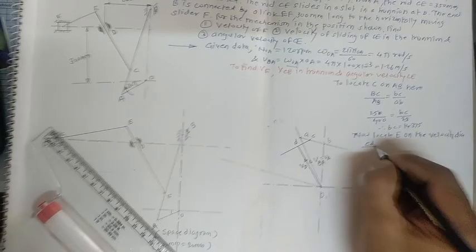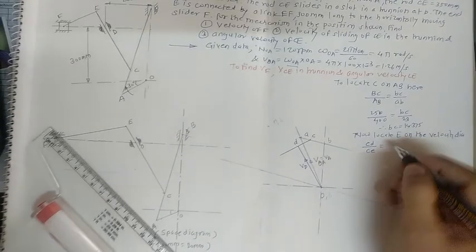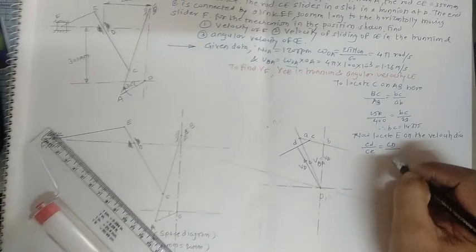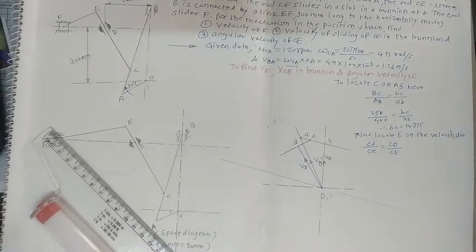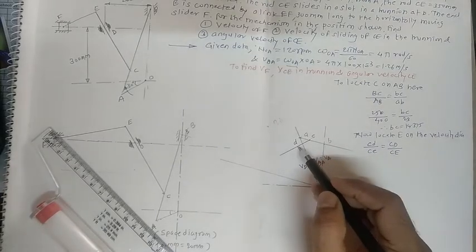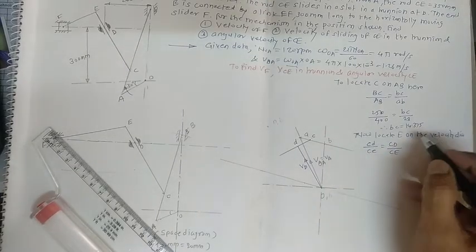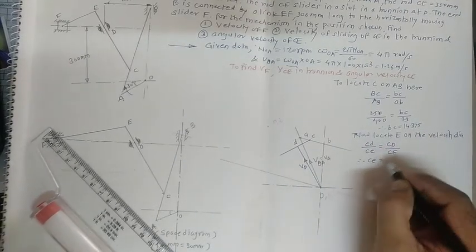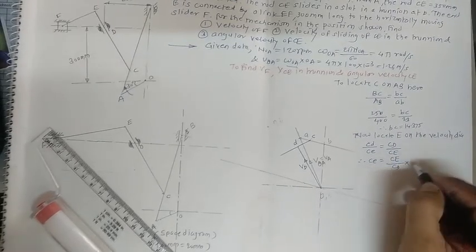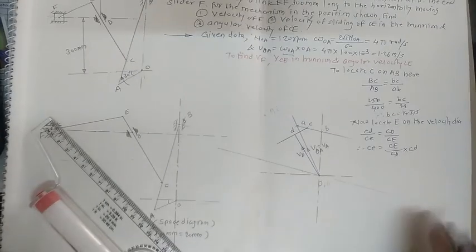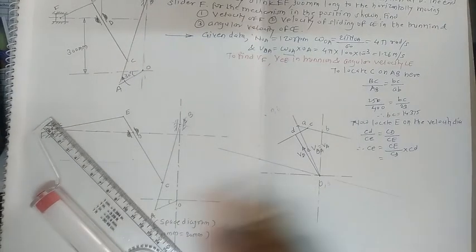CD divided by CE equals CD divided by CE. What about the CD? CD is already with us. My target is to get the value for the CE. So CE equals CE divided by CD multiplied by CD. What about the CE? CE is here.